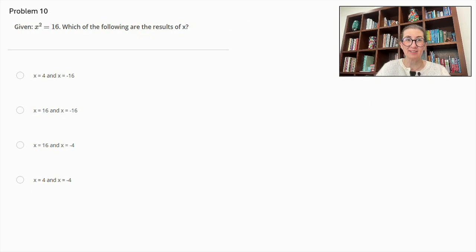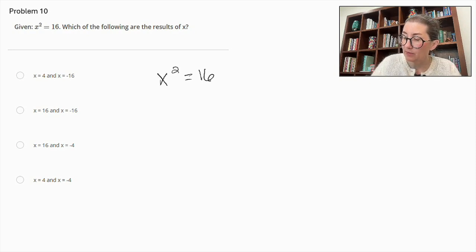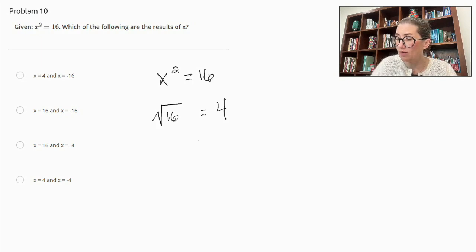Problem number 10. Given x squared equals 16, which of the following are the results of x? So we are given x squared equals 16. So we need to find the square root of 16, which is equal to 4 or -4.